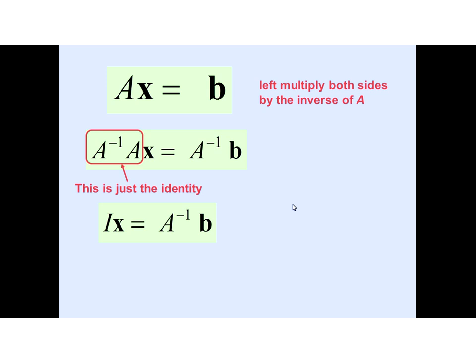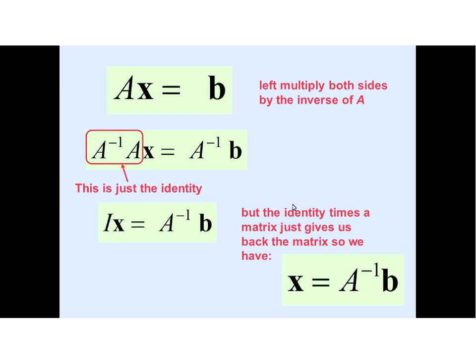This formula we have to remember. The identity times the matrix just gives us back the matrix, so we have x is equal to A inverse b. Remember this point, x is equal to A inverse b.